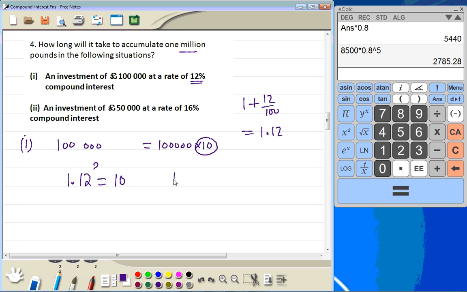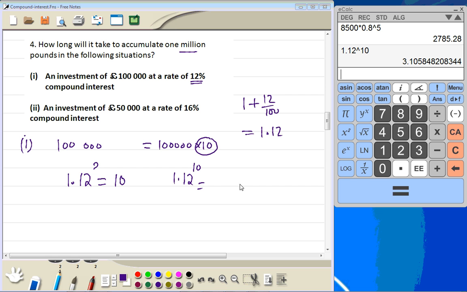So we try here 1.12 raised to the power 10. The factor is 3.1, which is not good enough. Now we try 20. So 1.12 raised to the power 20, 9.6.